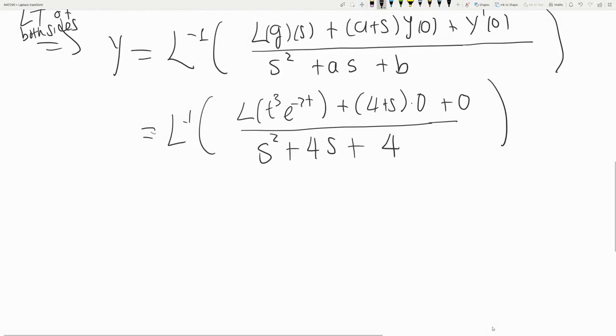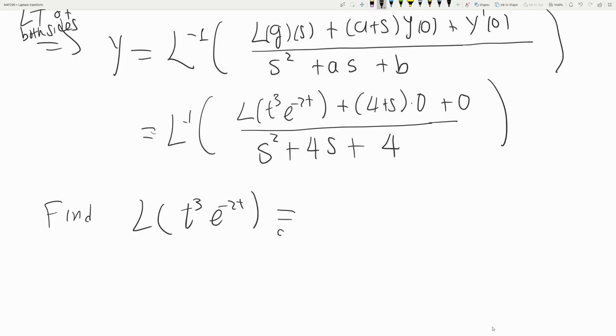So let's use our shift formula. So find the Laplace transform of t cubed e to the minus 2t. So by the shift, the first translation theorem, this is, let me put s, the Laplace transform of t to the 3, and then s minus minus 2.